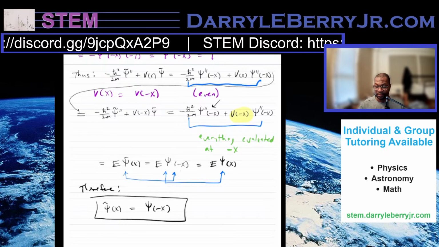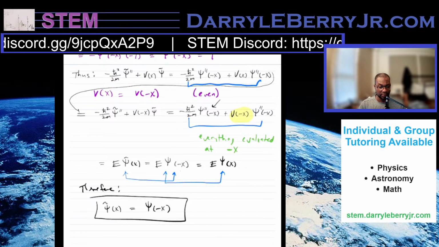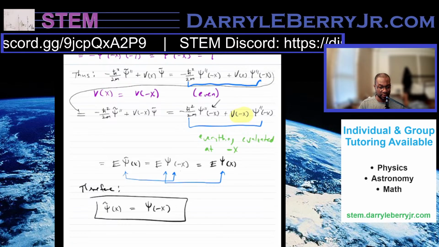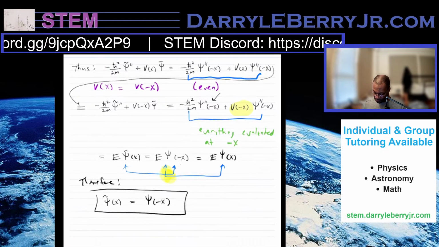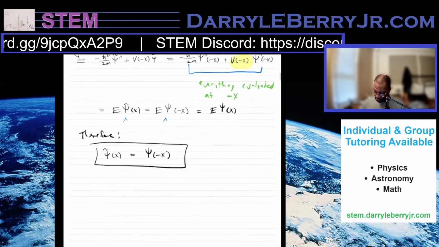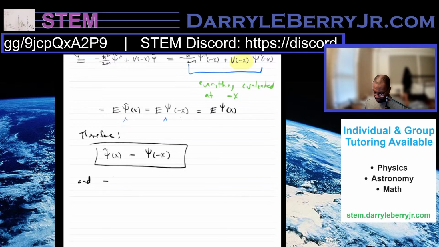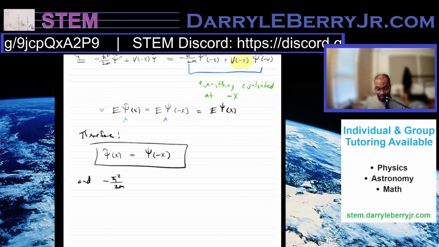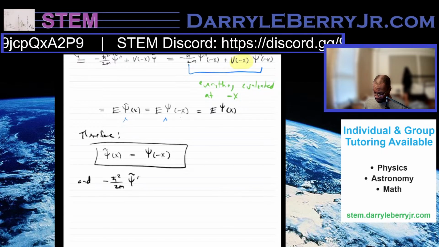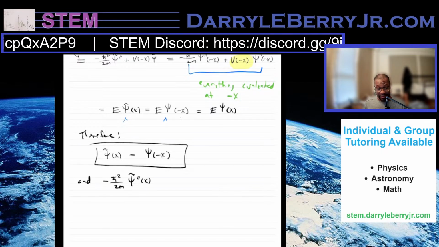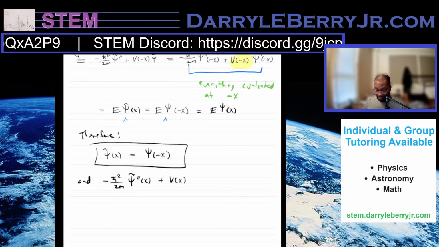And the end would be, therefore, negative h bar squared over 2m psi tilde double prime of x, which is again psi of negative x, plus V of x.